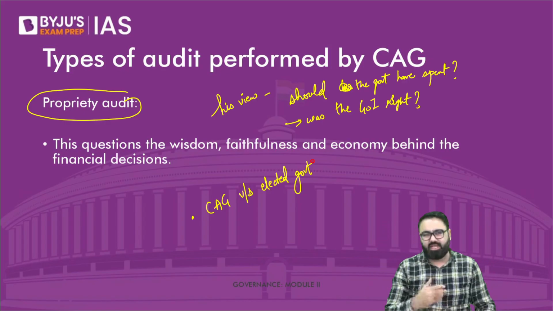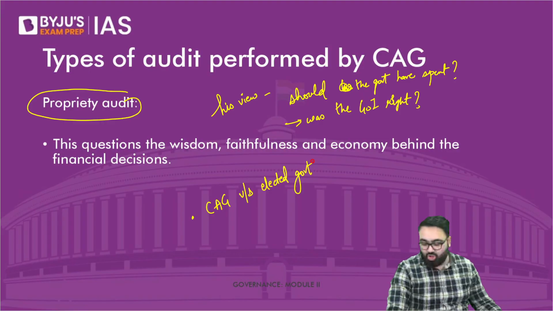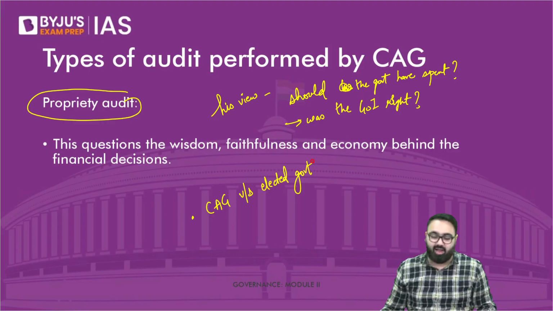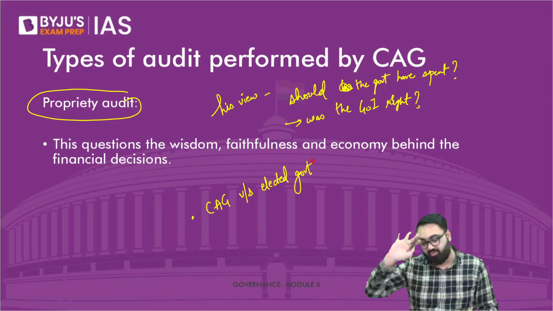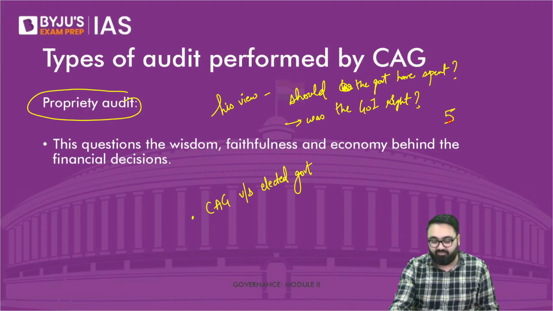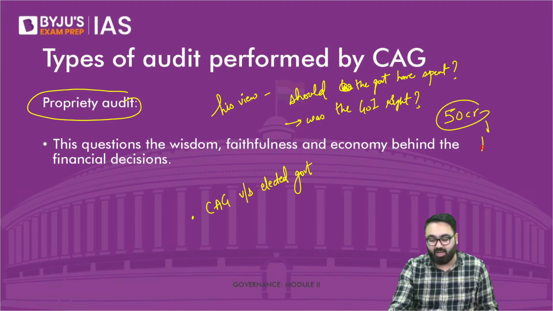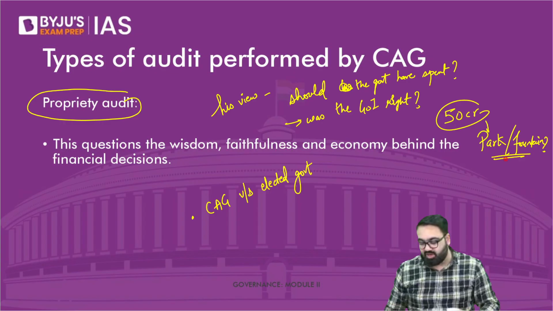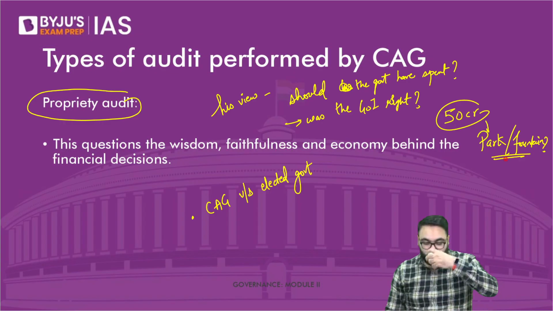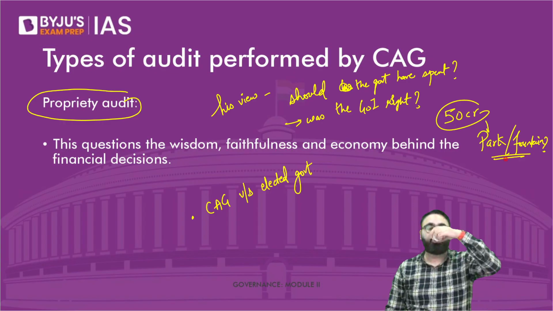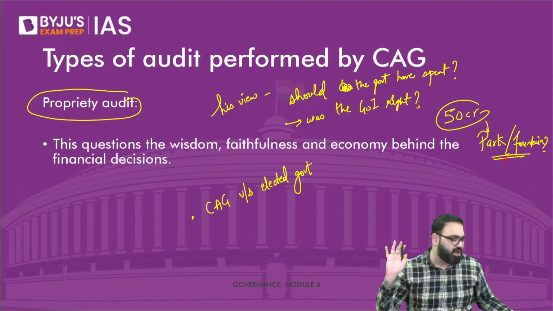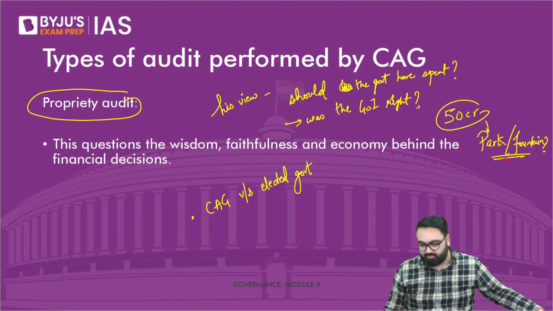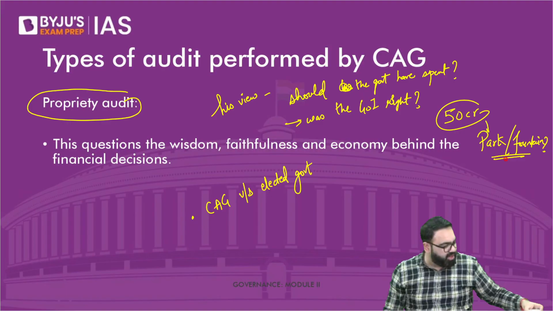Now, tell me this. Let's say a random government of any state spends 50 crore rupees to build a park or a fountain. Do you think it is right or wrong? Should the government have done this or not?